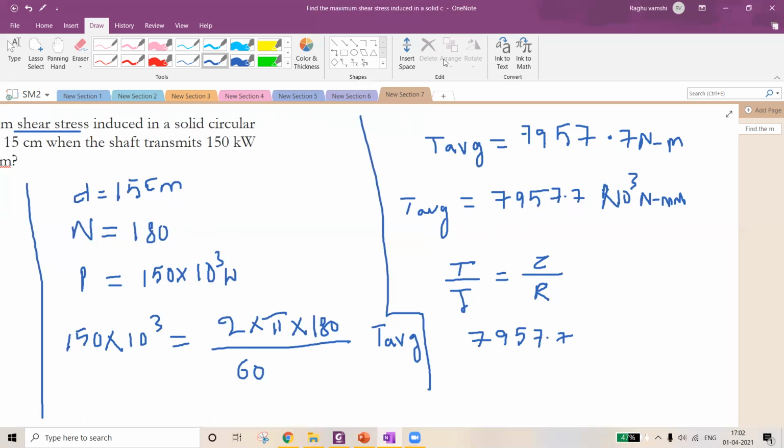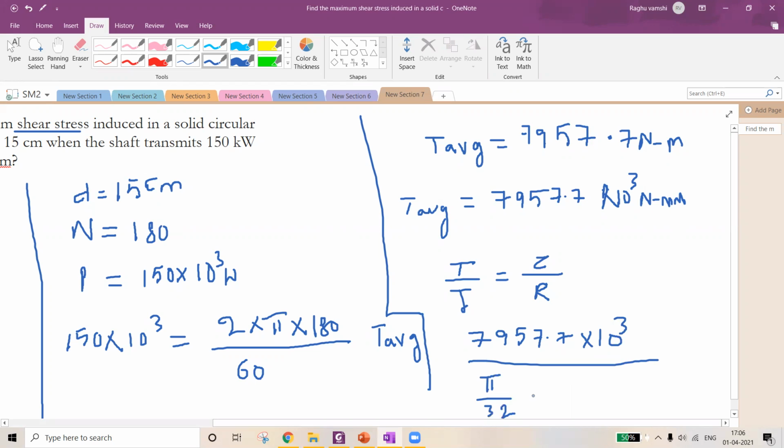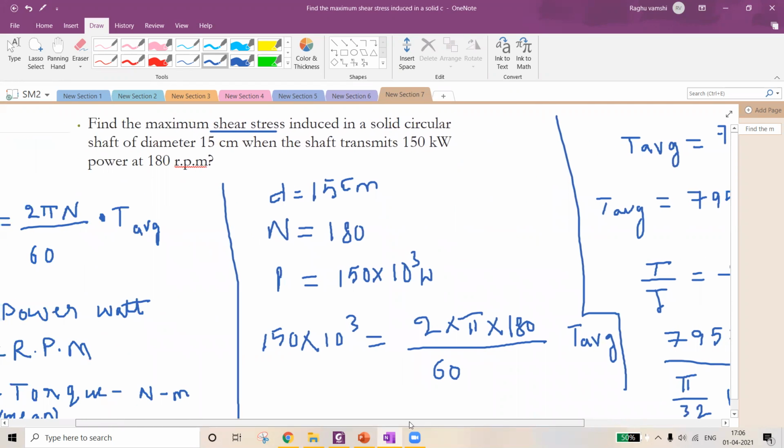So that will be 7957.7 into 10 to the power of 3 by pi by 32 d power 4. What is d here?